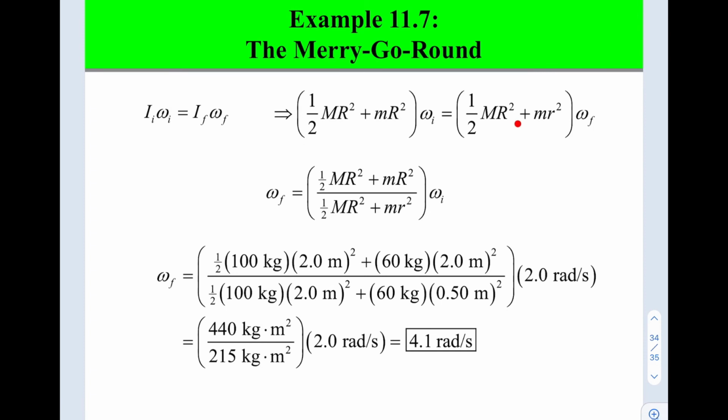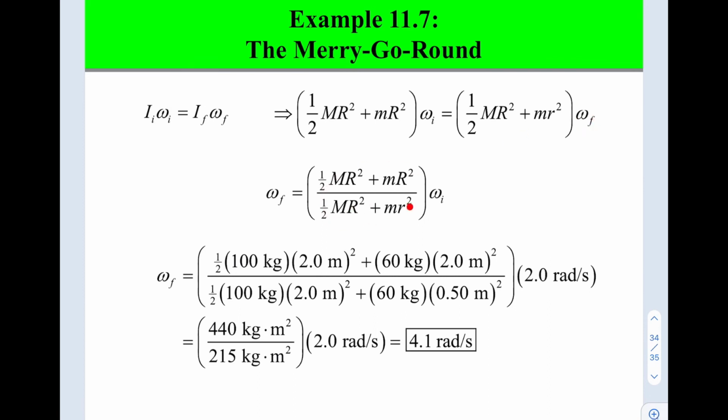The same goes for the I final, just that the r might change. So the r for the student will be the new r. Here, the capital R is the radius of the merry-go-round disc. But here we have the new r, small r, because the student is in motion. Moving, so the r already changed.